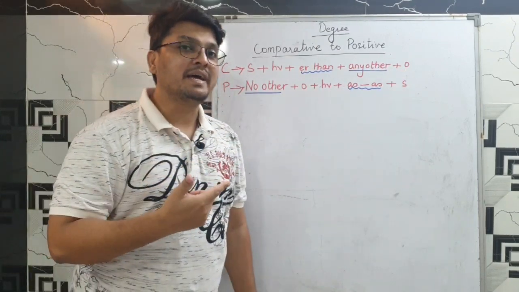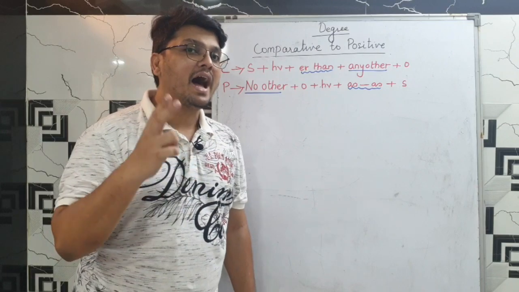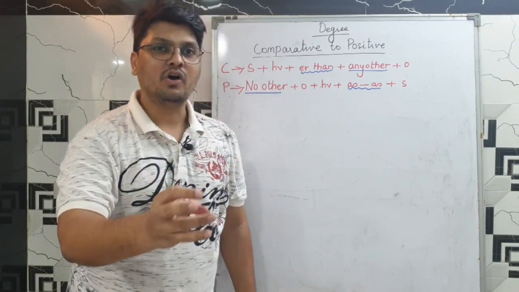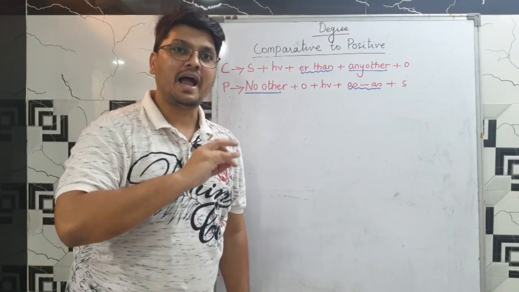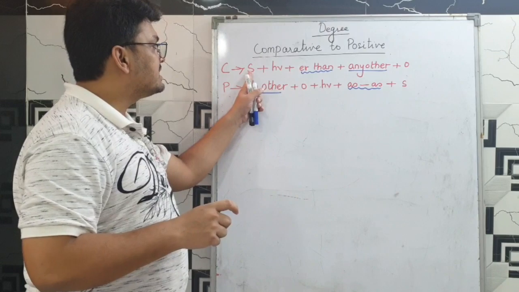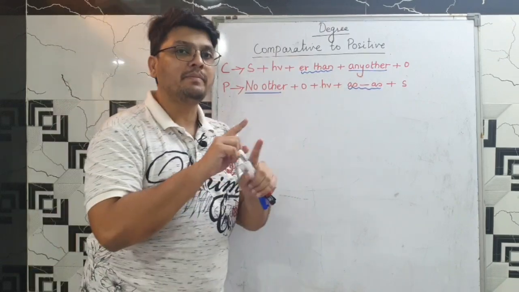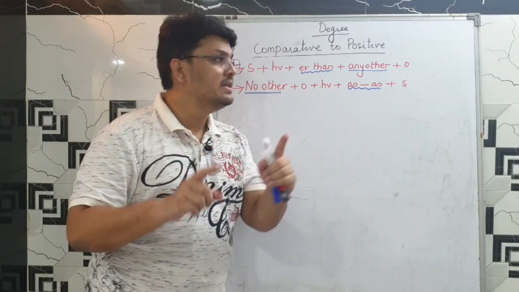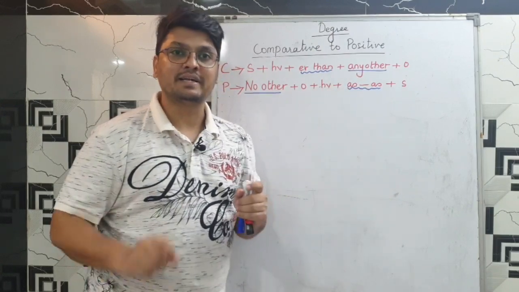In previous examples of comparative degree, I used two specific comparisons: Asia, Australia, iron, copper. But here one will be specific, but another will not be specific. In this type of comparative degree, you will see any other in that sentence.